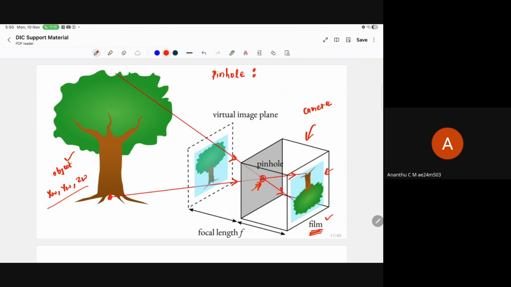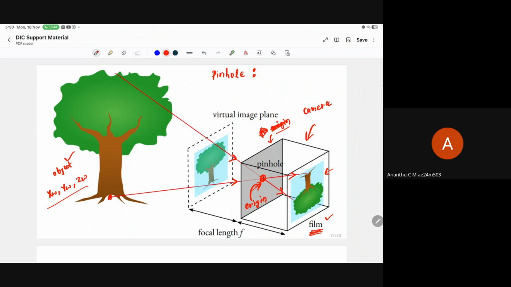And the film is at the back side of the pinhole. So it's better to call this point the origin. The pinhole is the origin where the light is basically passing. This particular plane, which is passing through the origin, is the reference plane.